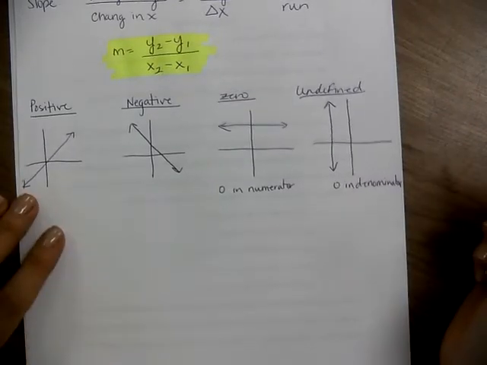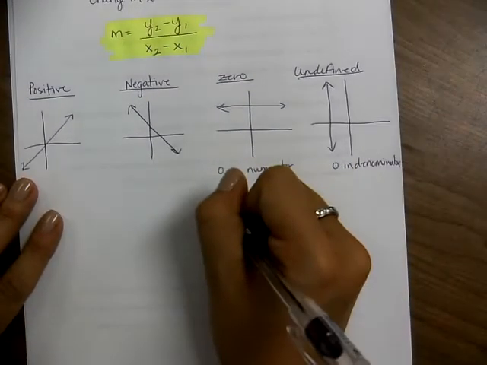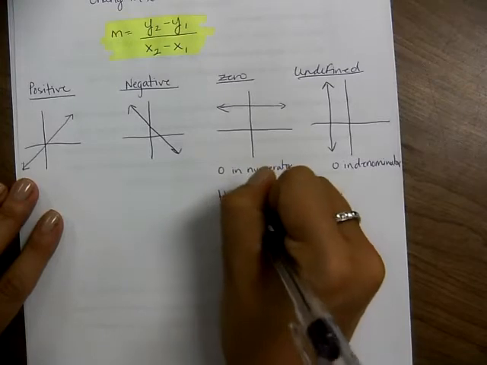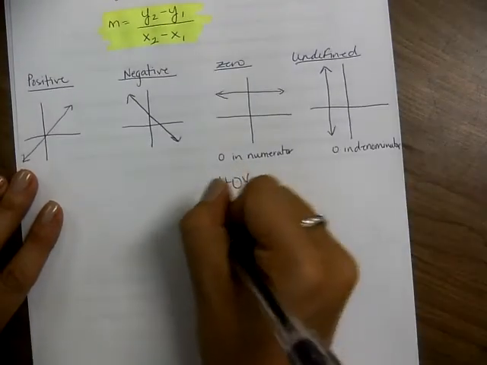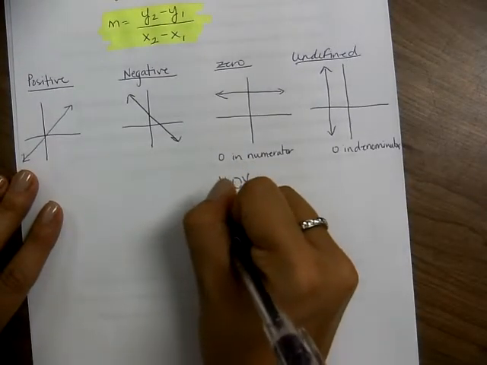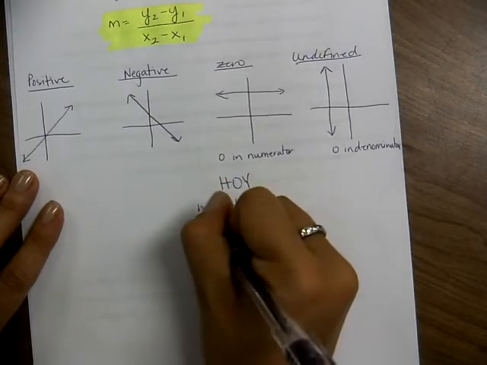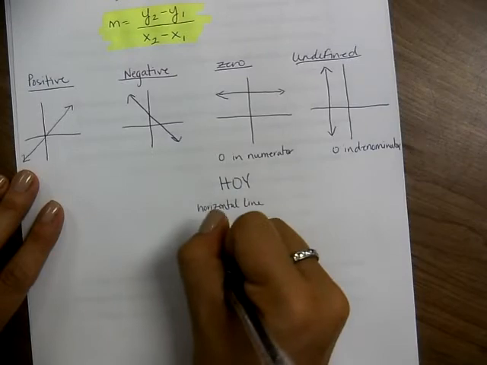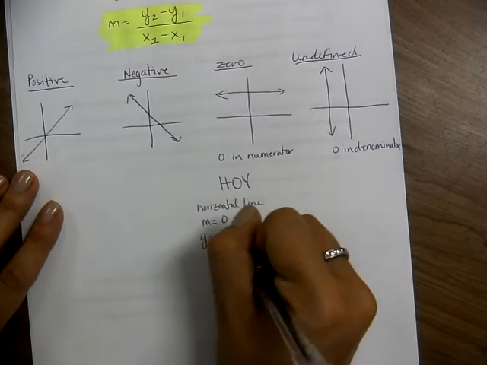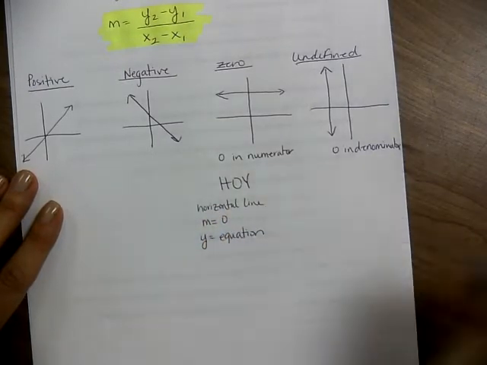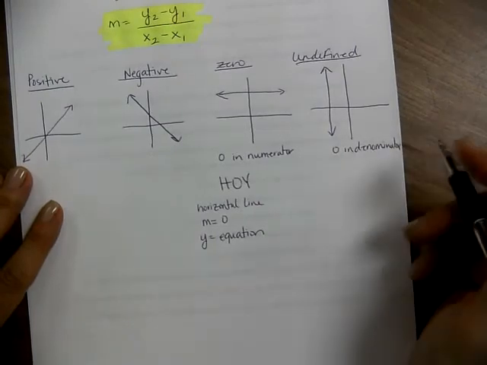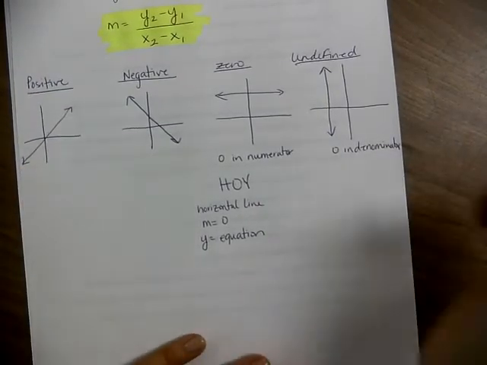Maybe you heard the expression before, VUX HOY. So HOY goes with the slope of 0. It stands for horizontal line. M equals 0, and it's a y equals equation. So any horizontal line produces a y equals 2 or 5 or negative 100.